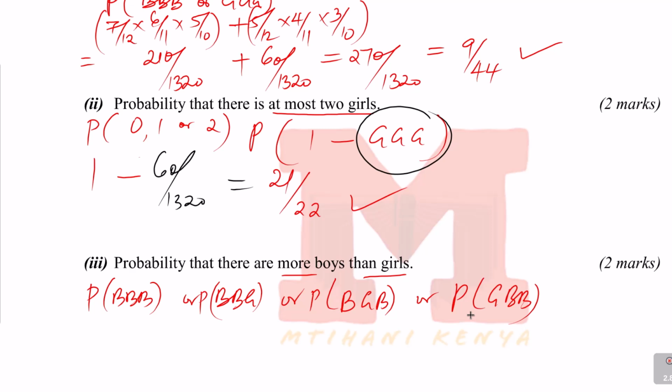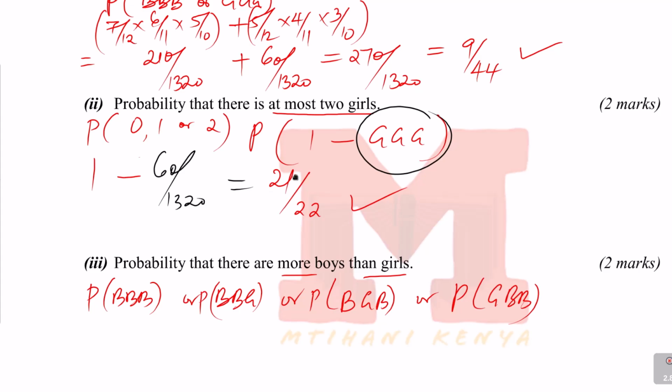In simple terms, we are considering situations where we have more boys than girls, and since there are three members, with three boys there are more boys than girls there. Then the second one, two boys, one girl, and so on.